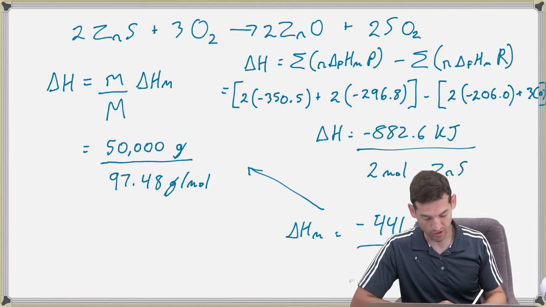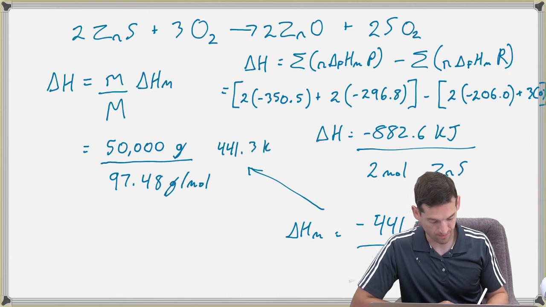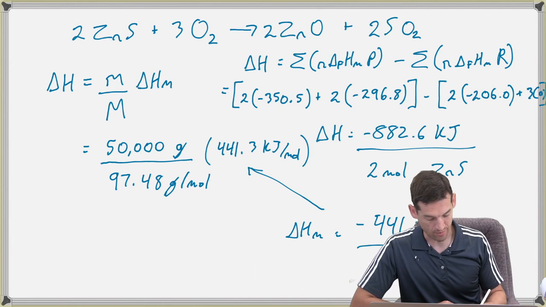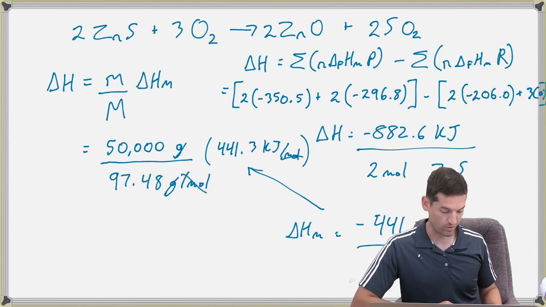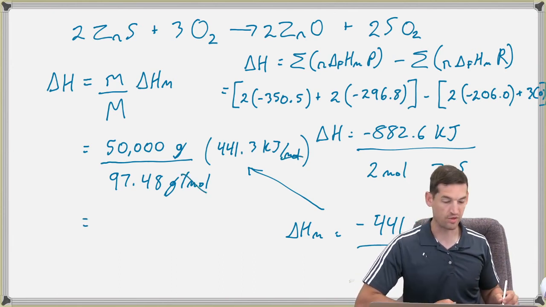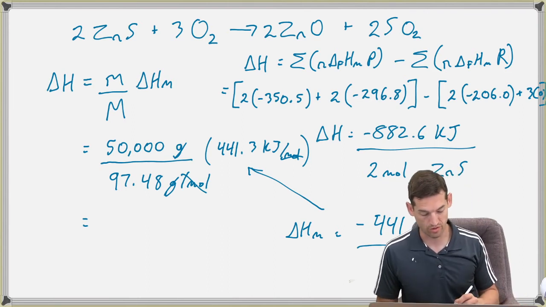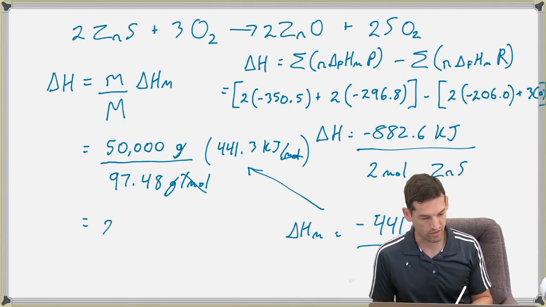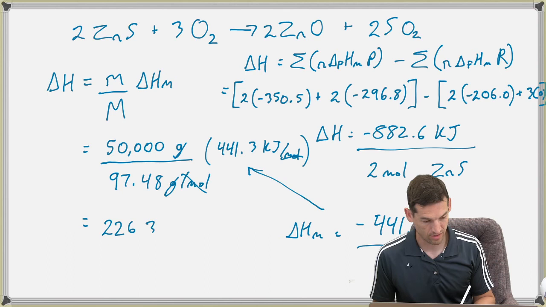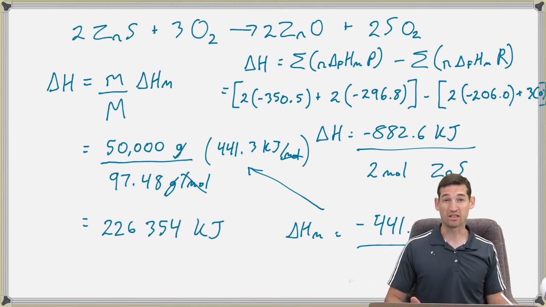So here I'm just going to put 441.3 kilojoules per mole. And now that per mole is going to cancel with that per mole. And I'm going to be left with an answer in kilojoules, which I think is 226,354 kilojoules.